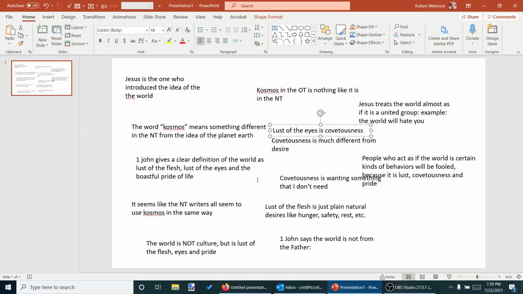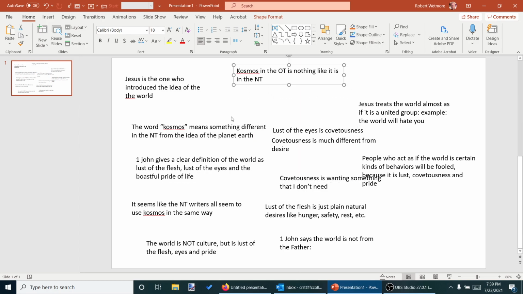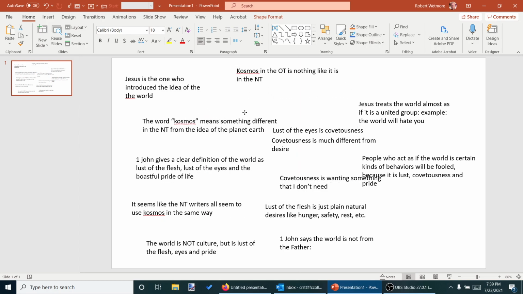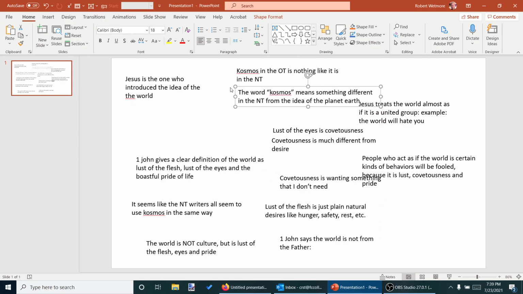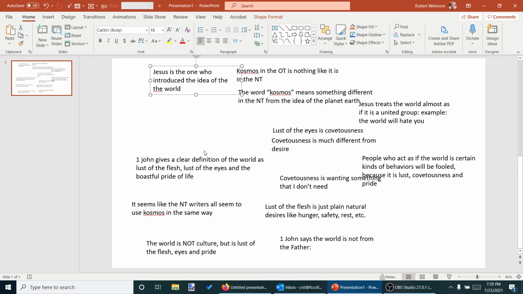So I'm looking at all of these and I'm saying, what I need to do is put these so that they relate together. Okay, so this has something to do with the meaning of the word. This has something to do with the meaning of the word. Well, for that matter, this has something to do with the meaning of the word.